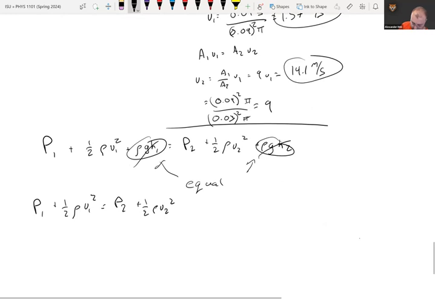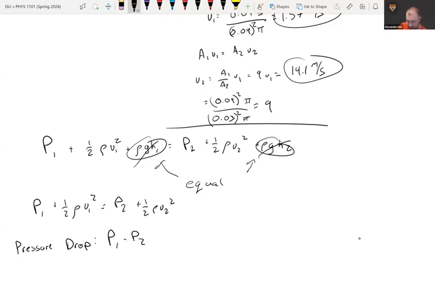Now we want the pressure drop. The way you can think about it is when fluids move faster, that results in a drop in pressure. There are a number of different ways that this can happen, but basically you're burning up some of that stored work in the form of pressure in order to increase the speed. That's what's going on there. So we would have P1 minus P2.